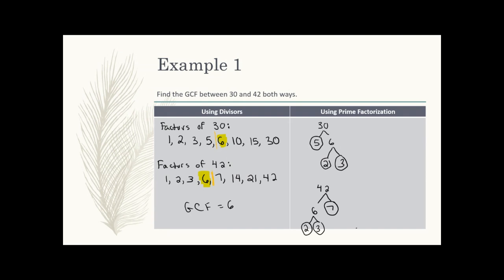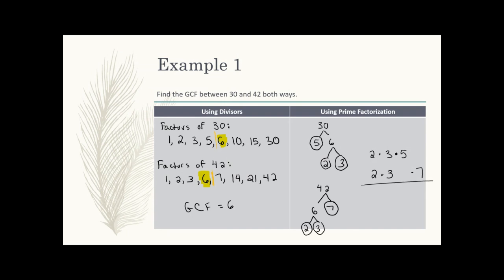So I'm going to write my prime factorization for each. 30 is 2 times 3 times 5. And 42 is 2 times 3, and then times 7. Now, when I was doing the least common multiple, anything that was written down came with the multiple.